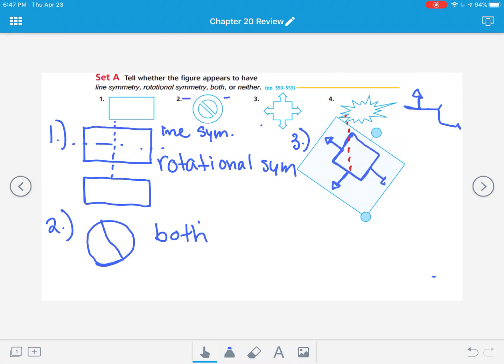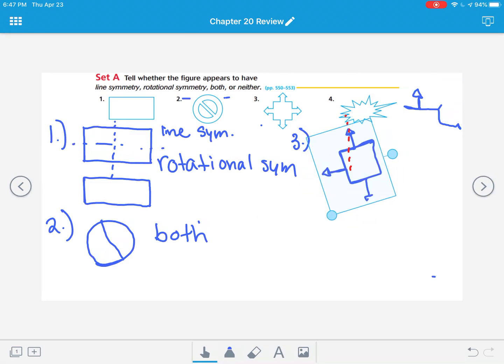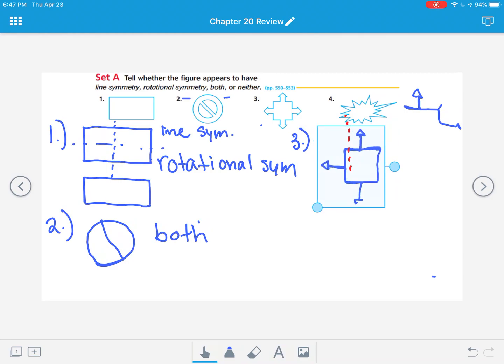All right, so just imagine the arrow is there. I'm rotating this 90 degrees. Does it look the same? I'll rotate that as well and put it back on there. It does. It looks the same as the figure. So this one actually will have rotational symmetry whether I do it a quarter turn, a half turn, 3/4 turn. So this one has both as well.